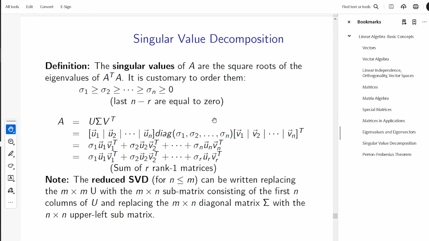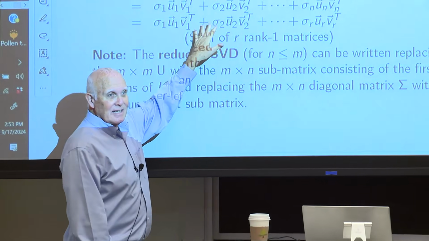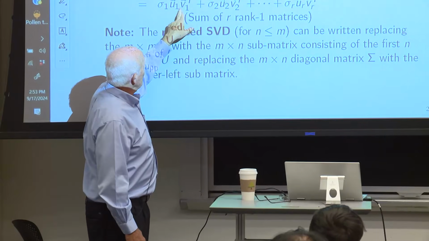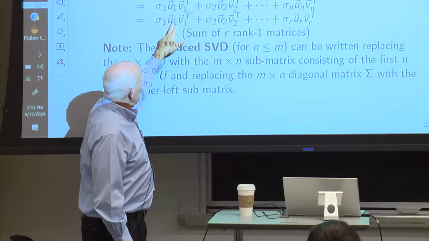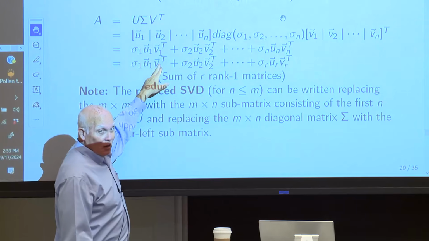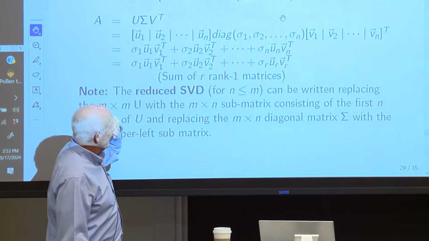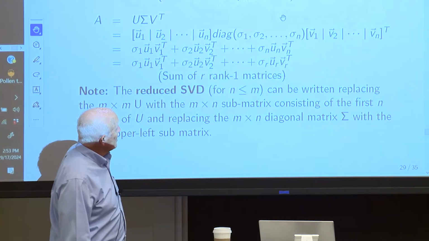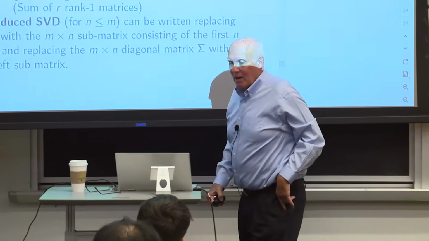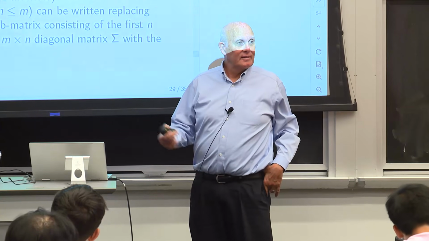What's rather interesting as a decomposition of the matrix A is that it's a sum of R terms, where R is the rank of the matrix. And those R terms are the products of the column vectors of U times the column vector transpose of V, respectively, with the singular values sigma 1 through sigma R. So it provides a nice way of thinking of a matrix. It's simply a sum of rank 1 terms.